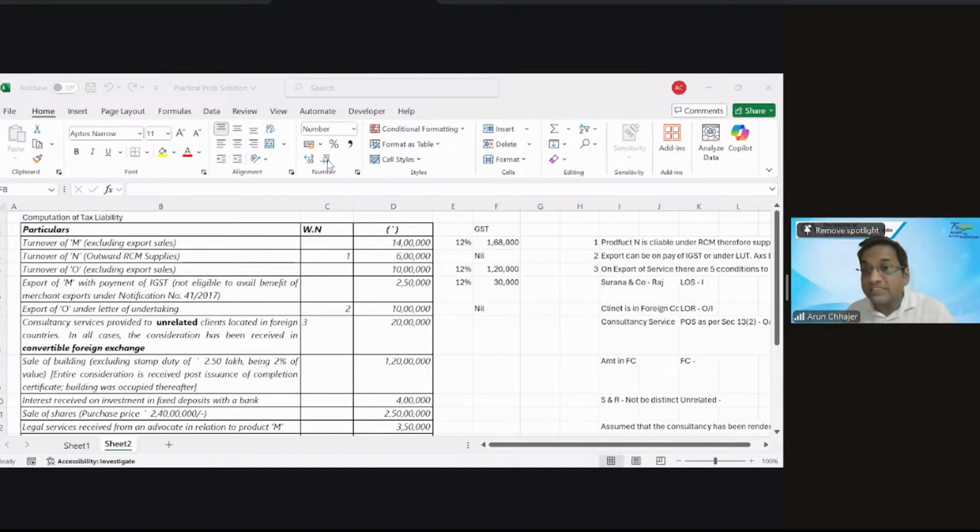In case of the normal charge, forward charge, liability would always be on the supplier. So if he is not making the payment, it doesn't mean that liability would be shifted to the other party. Similarly, if recipient is not discharging the liability under RCM, then it is the recipient's fault. It can never go back to the supplier.